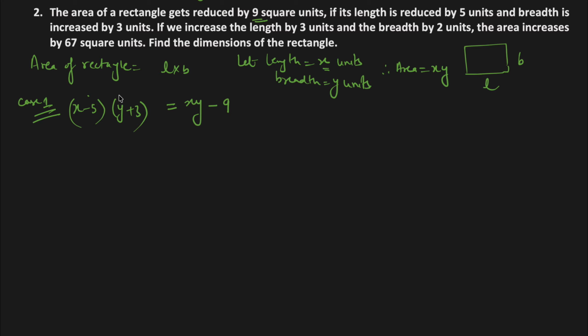Area is length into breadth and area is xy, and it is reduced by 9, so minus 9. When reduced use minus, when increased you use plus. So length reduced by 5, x minus 5, and breadth increased by 3, y plus 3.